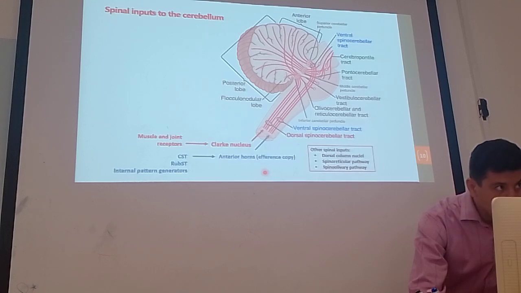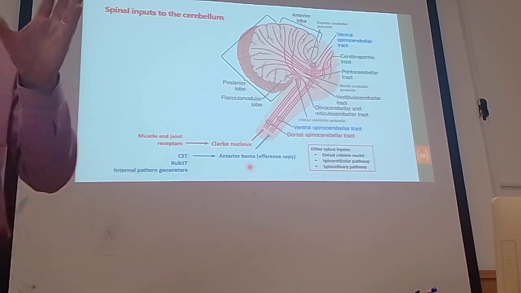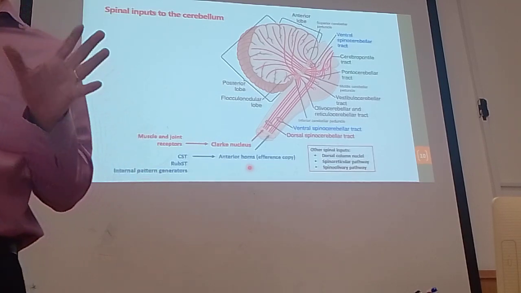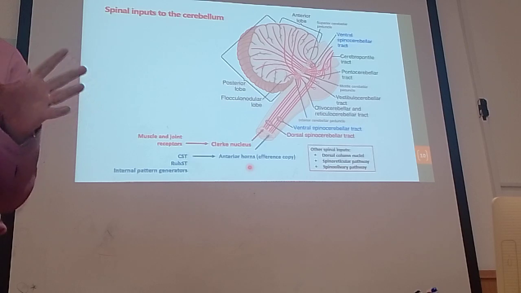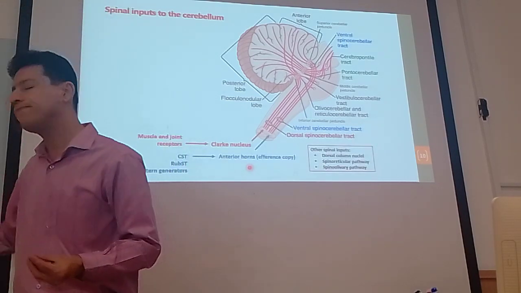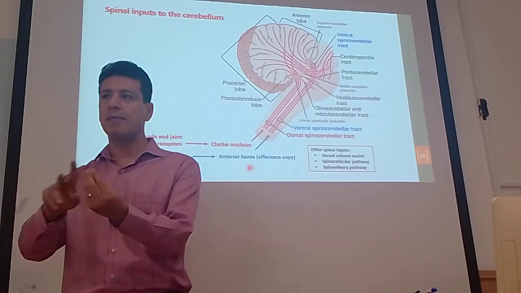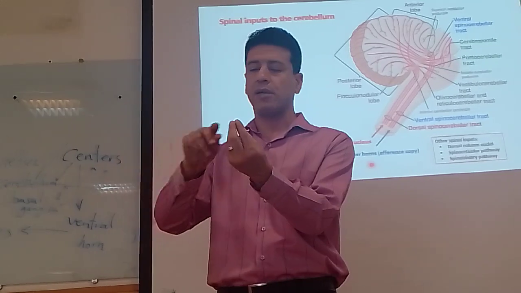Question? Yes. The information sent through the ventral spinocerebellar tract, is it motor information? Yeah, it is motor information. But actually, this is the final version of the motor information that reaches the ventral horn of the spinal cord. Okay, so imagine the ventral horn. We have alpha motor neurons, gamma motor neurons. Alpha motor neurons are connected to the muscles.